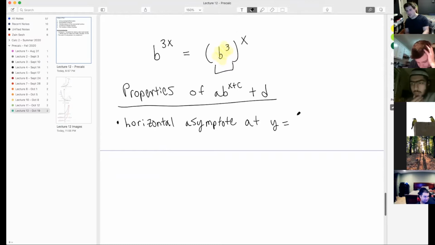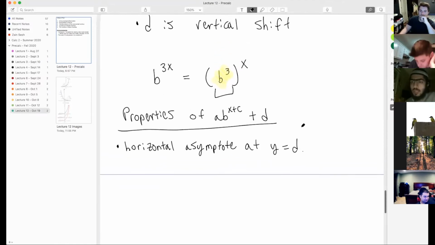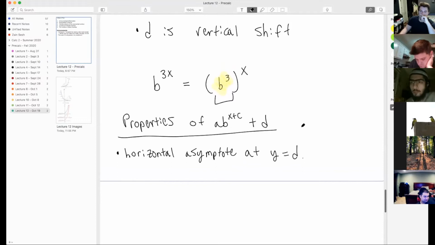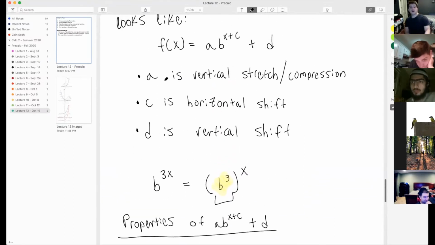Do reflections also count or no? It's because of that rule that the base cannot be a negative number. You could also do reflections. A reflection about the x-axis will be encoded into the vertical stretch or compression. Because if a is negative, like -3, you would stretch by 3 and then reflect.